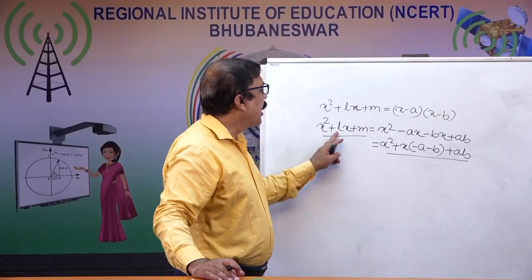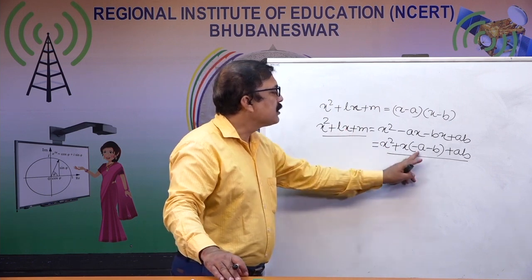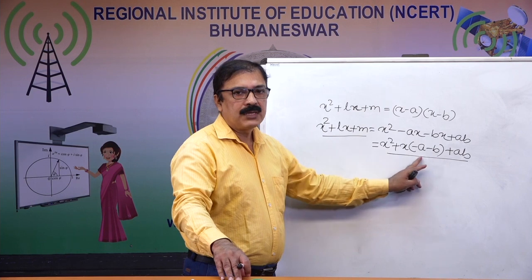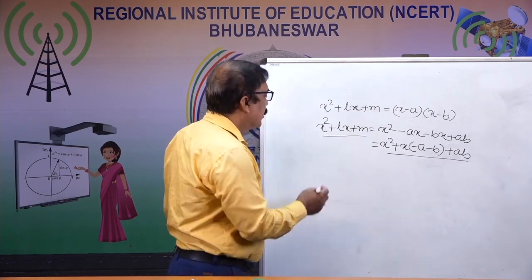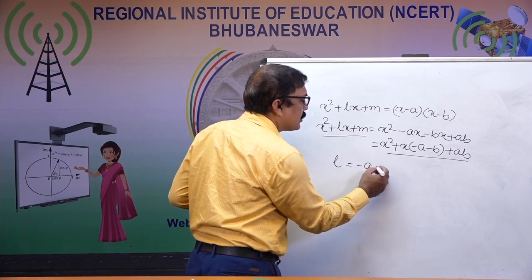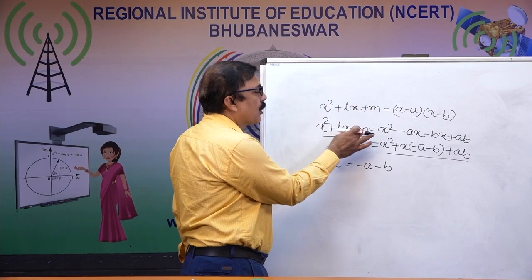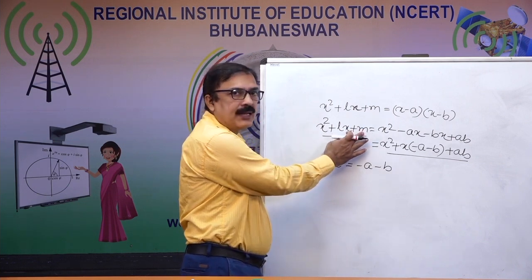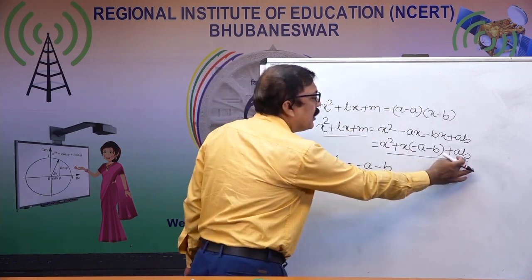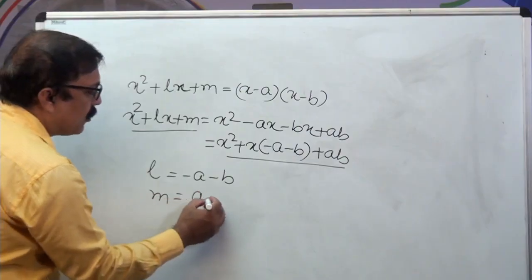L is the coefficient of x on the left side, and minus a minus b is the coefficient of x on the right side. So we can write l is equal to minus a minus b. Now compare the constant term: on the left side it is m, and on the right side it is ab. So m is equal to ab.